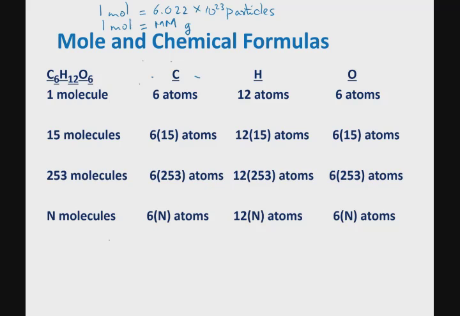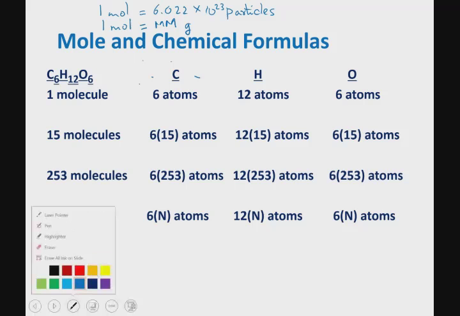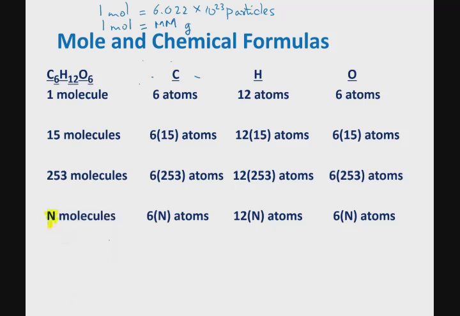However, what if instead of random numbers, we had 6.022 times 10 raised to 23 molecules of glucose? In other words, Avogadro's number of molecules, which would then mean that there are 6 times n carbon atoms in that sample, 12 times n hydrogen atoms, and 6 times n oxygen atoms in that sample of glucose.